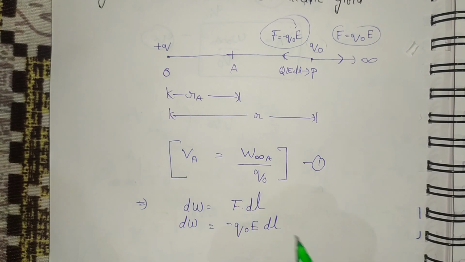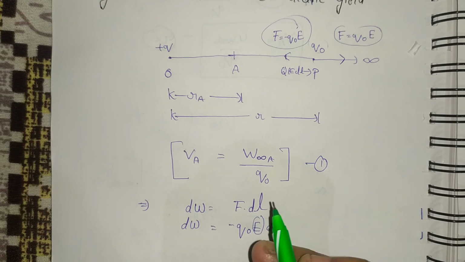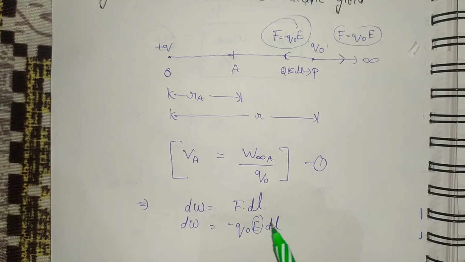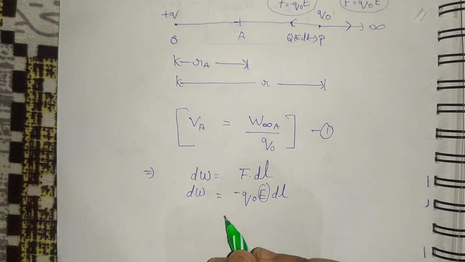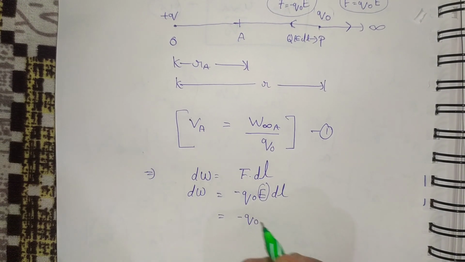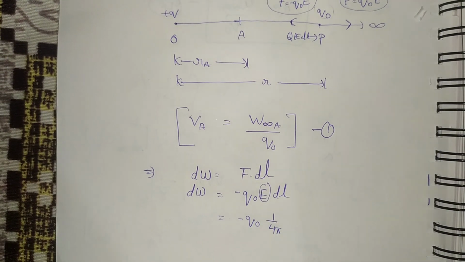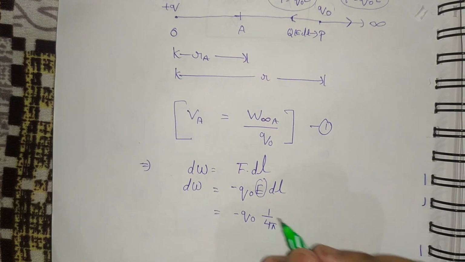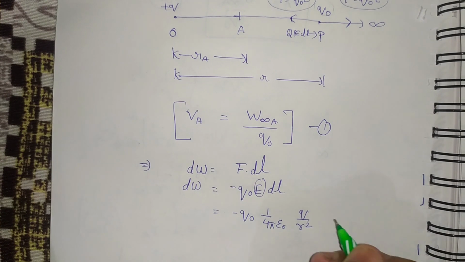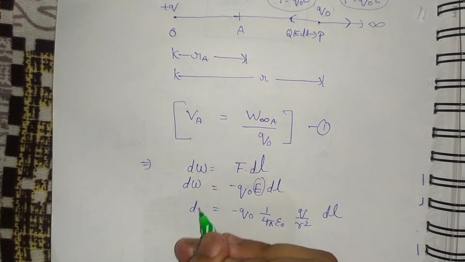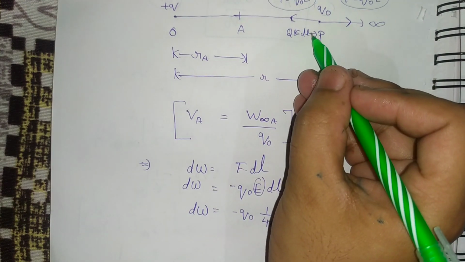Now we place the value of the electric field. We have learned that the electric field due to a point charge is 1 upon 4 pi epsilon naught q upon r square. So we are placing this value of E, 1 upon 4 pi epsilon naught q upon r square, and dl. Now we know the value of r is decreasing along this length.